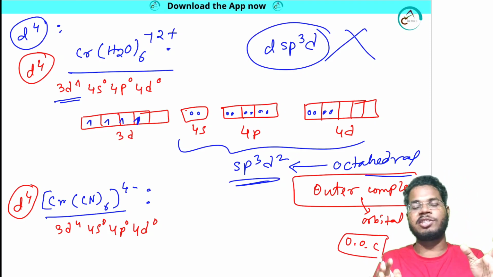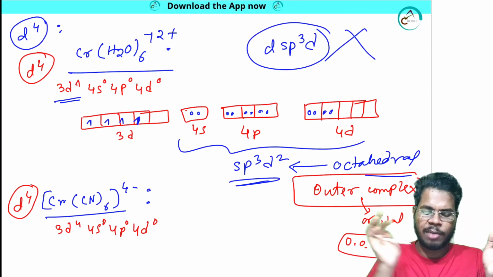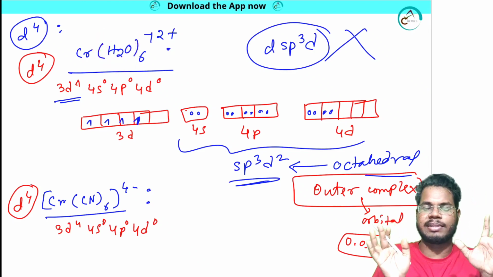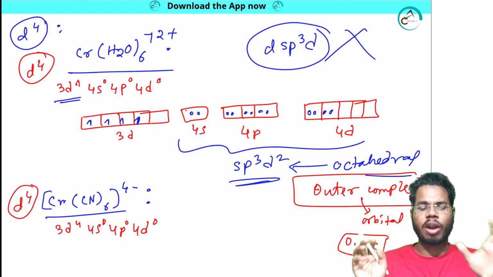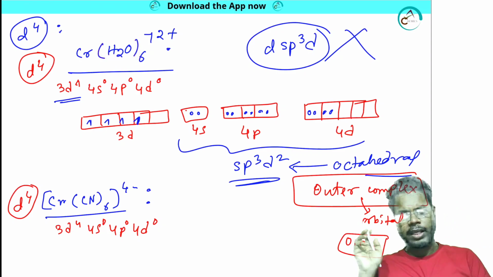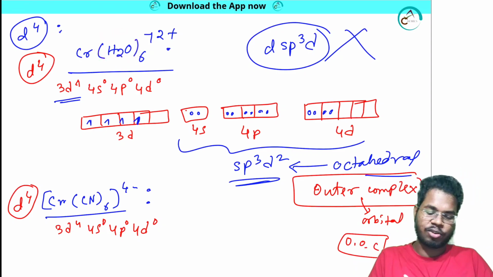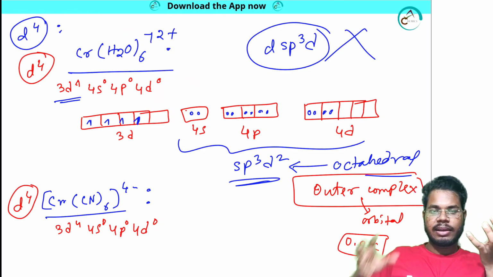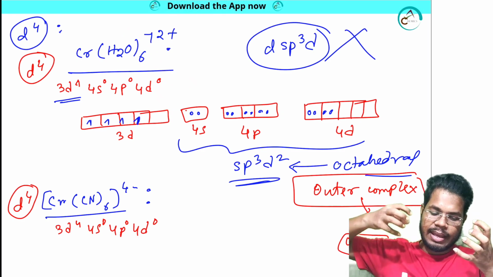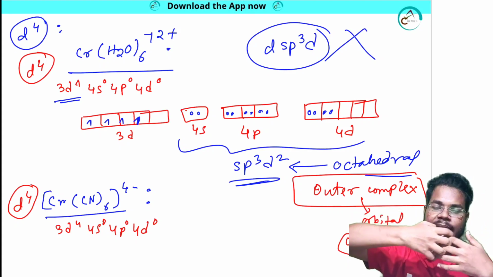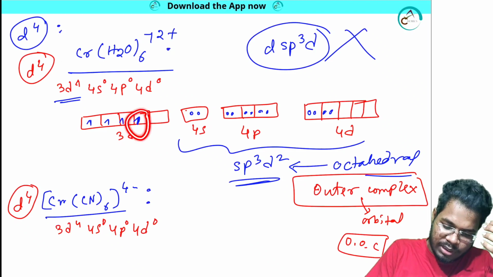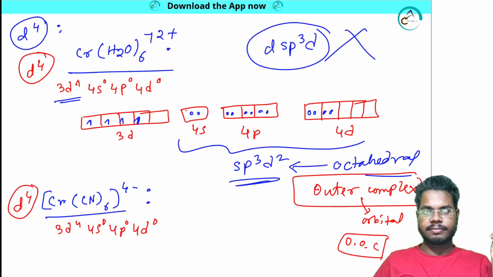I told you the exact explanation can be given through CFT, not from here, but I am trying. Here it is a neutral ligand, so it is already a stable system. It donates its electron easily. If the system is donating its electron easily, then generally it cannot force the metal to redistribute its electrons.